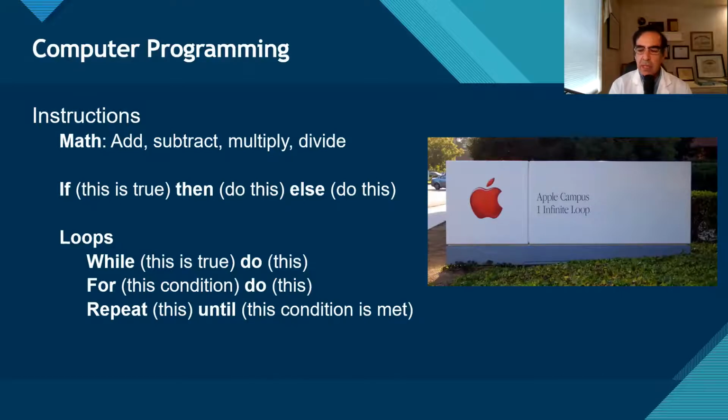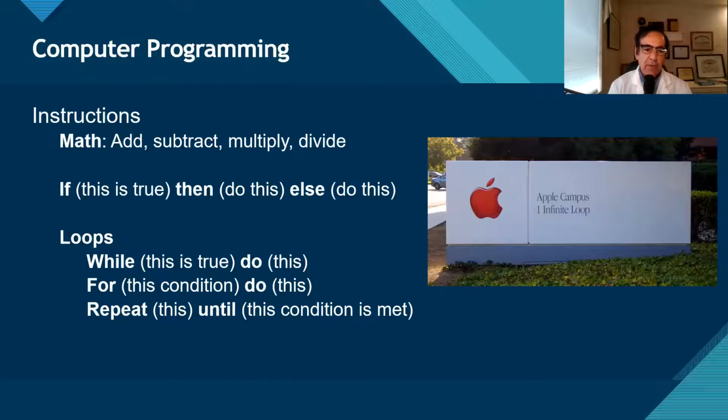But the condition can never be met because you didn't program it properly, or you didn't put the right flag in your file to end it or close it out. And so it will go on infinitely forever. And basically your computer gets stuck and dies because it cannot finish that program. It goes on forever. So we call that an infinite loop, or a do loop that never ends.